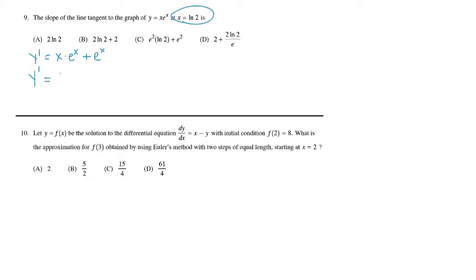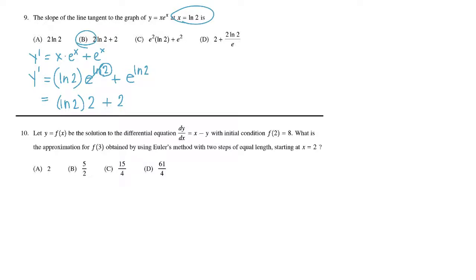So y prime equals the natural log of 2 times e to the natural log of 2, plus e to the natural log of 2. Now this is an old property. Here, natural log of 2, not much we can do with that. So we have natural log 2, but e to the natural log of 2 cancels out, and we're just left with 2 plus, and we have 2 over here. So it looks like our correct answer should be B.